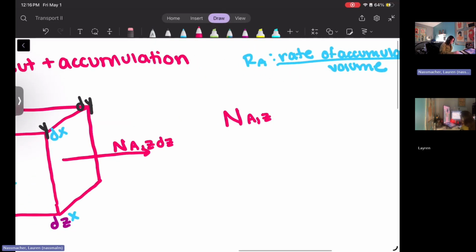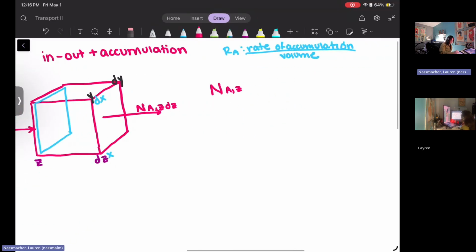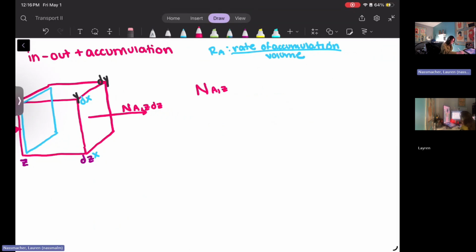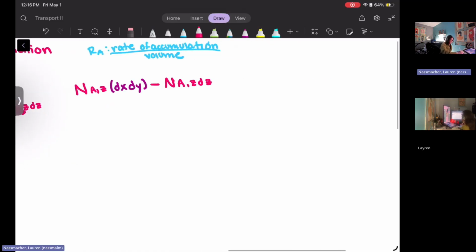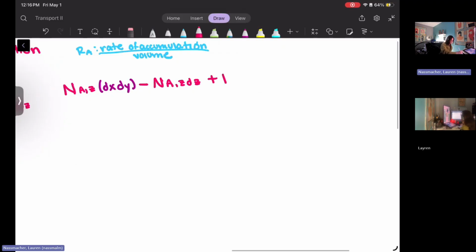So for this flux, we'll consider multiplying it by dx dy. And we'll subtract from that our flux of component A at z plus dz, and add on our rate of accumulation multiplied by our volume, dx dy dz.